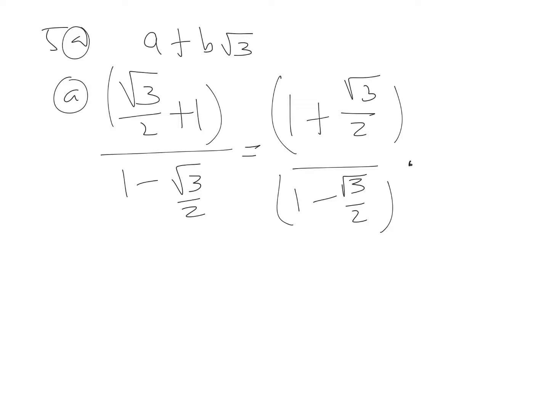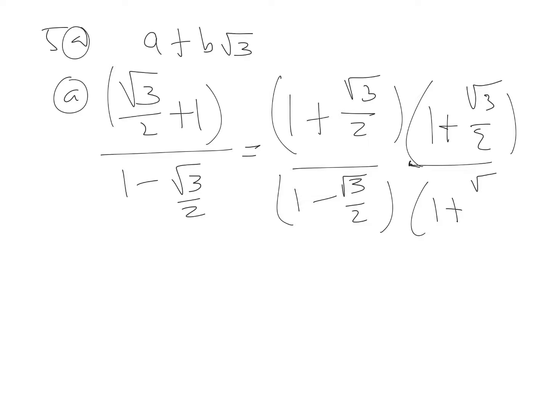So if you look at the denominator, we have 1 minus root 3 over 2. If we use a difference of squares, then it will help us get rid of the radicals in the denominator. So I'm going to multiply this by 1 plus root 3 over 2.